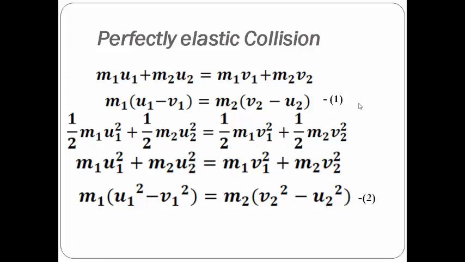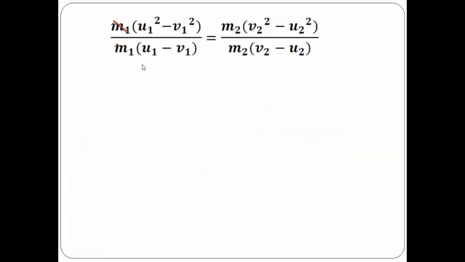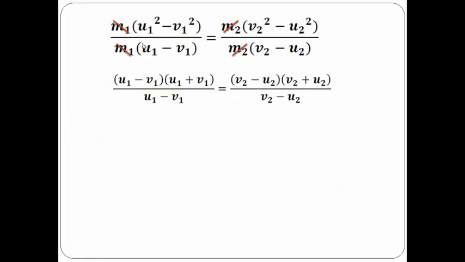Now if we divide equation 2 by equation 1, we can cancel out certain terms such as m1 and m2. Now the terms in the numerator can be split as (u1 minus v1) times (u1 plus v1). It is of the form a squared minus b squared, that is (a minus b) times (a plus b).